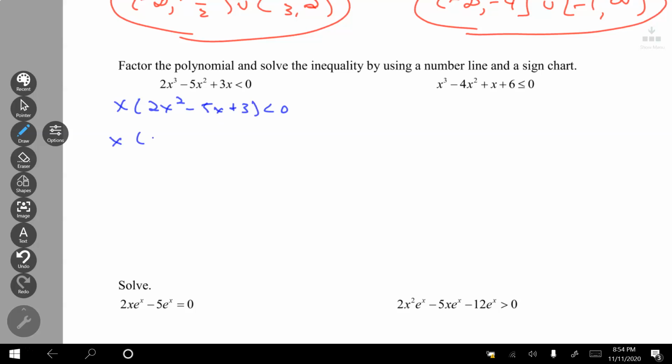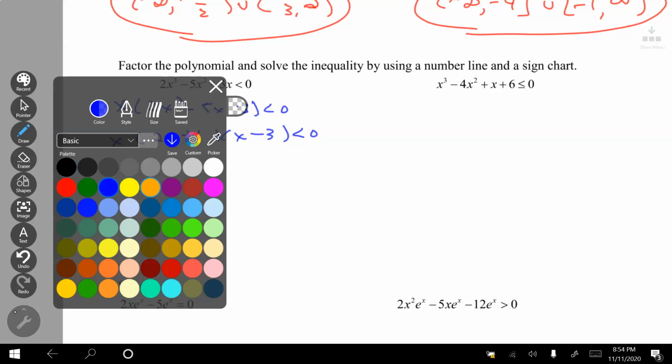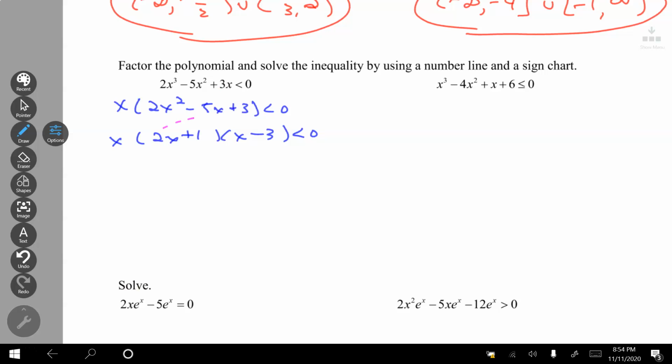And I factor again, 2x and x minus 3 plus 1, because I want a negative 5 in the middle, and I can check. Negative 6 plus 1 gives me my negative 5, so my x-intercepts are 0, don't forget the first one, negative 1/2, and 3. My leading term is given to me at the beginning of the problem, 2x cubed.